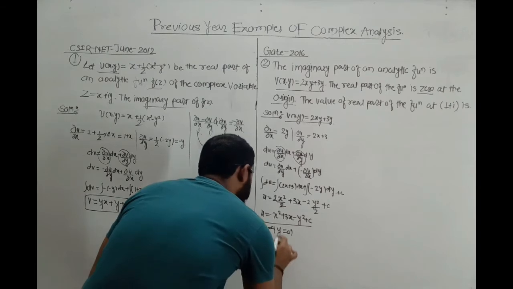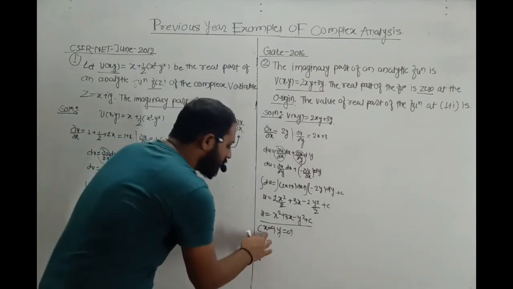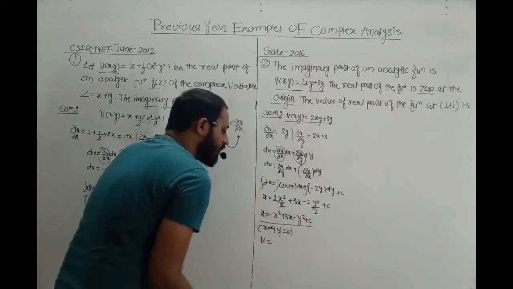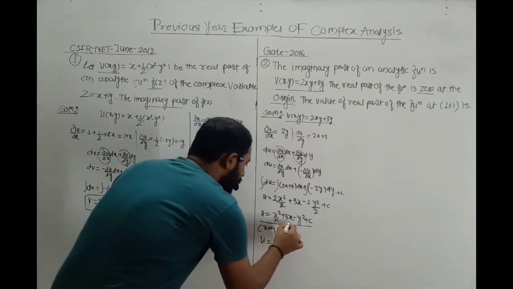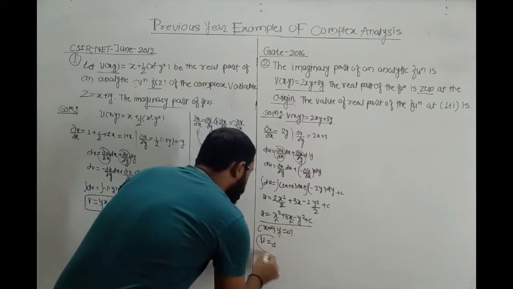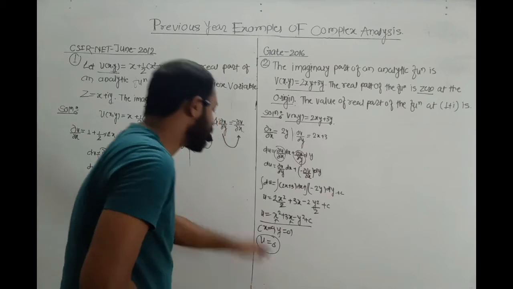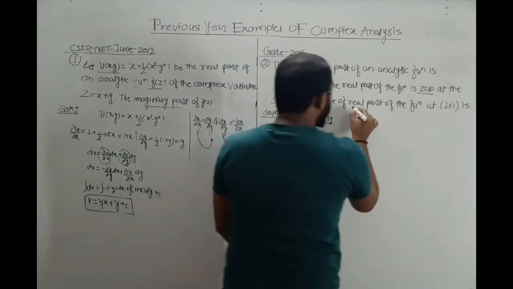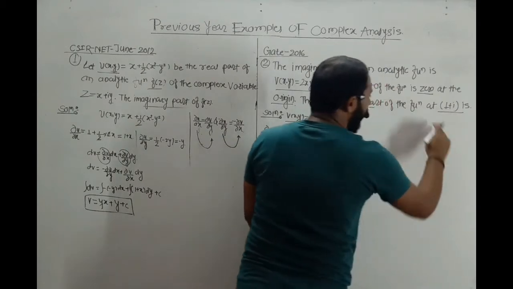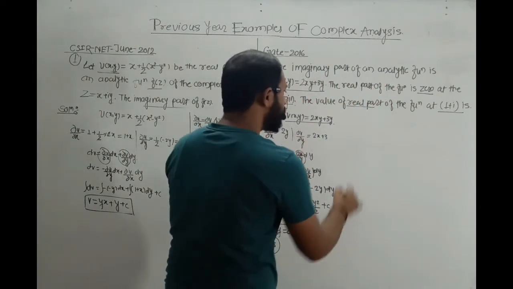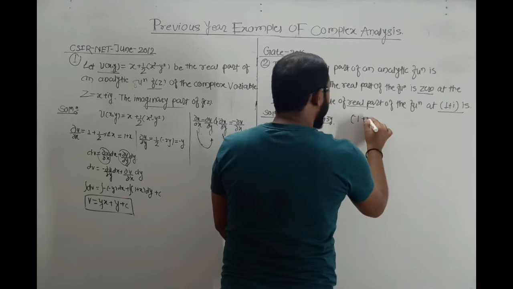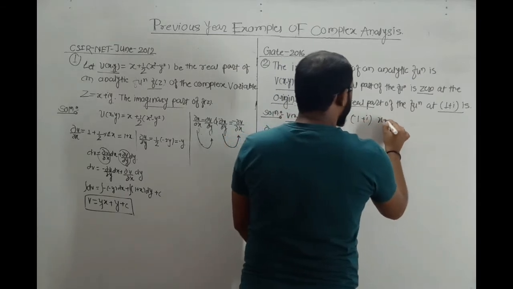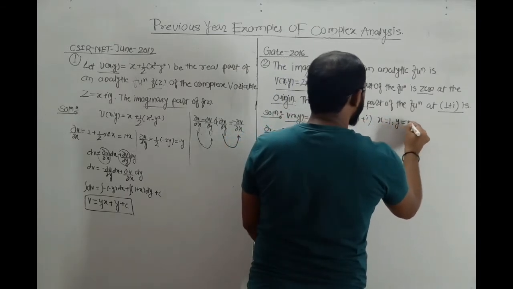That is u equals, अगर मैंने x और y की जगह 0 डाला तो u क्या हो जाएगा, 0, क्योंकि देखिए यहाँ पे 0, यहाँ पे 0 और यहाँ पे 0. But they have given this condition, and they are asking to find the real part at 1 plus i, that is nothing but what? x equals 1 and y equals 1.